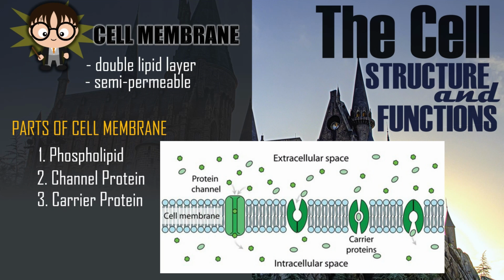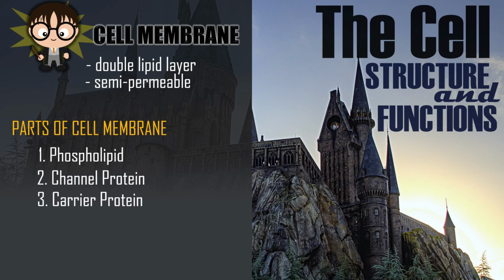The carrier protein is responsible for accepting molecules that cannot pass through the channel protein. The channel protein allows molecules to move in one direction. So if there are molecules that cannot pass through the channel protein, they will enter the carrier protein based on their size. And that is how channel and carrier proteins work. These membrane proteins participate in the transport of certain molecules across the cell.